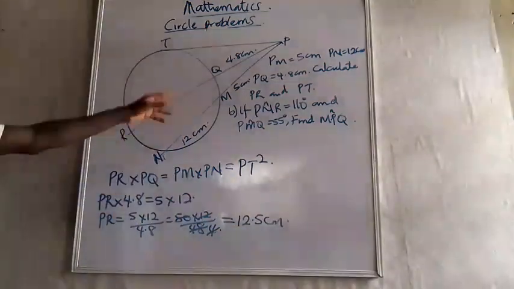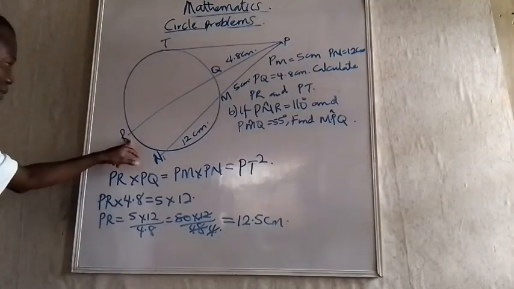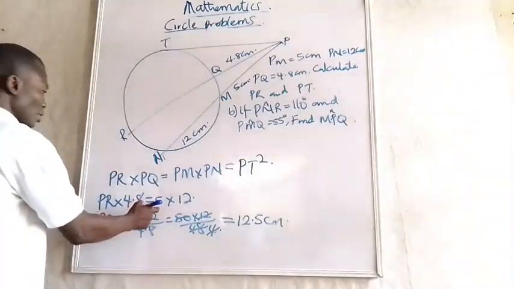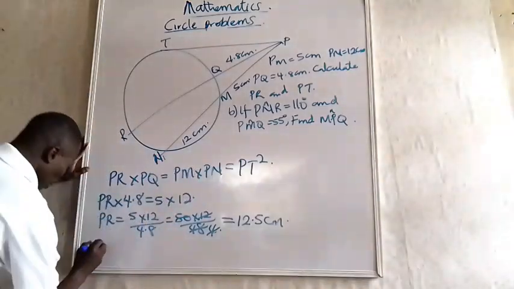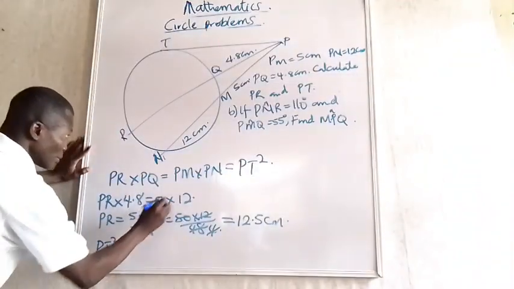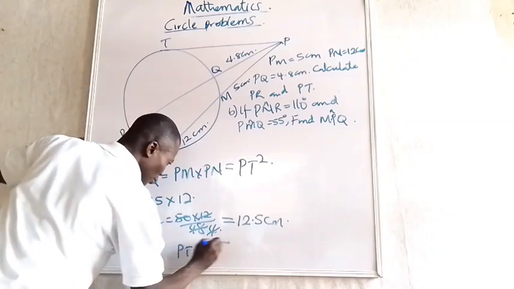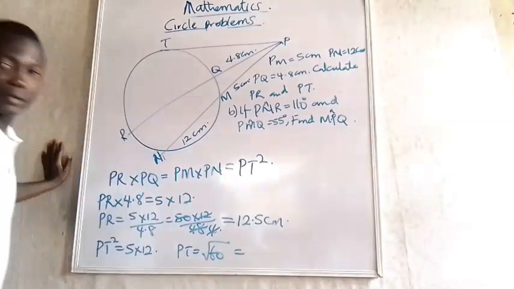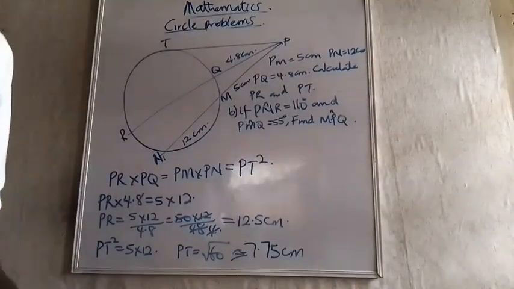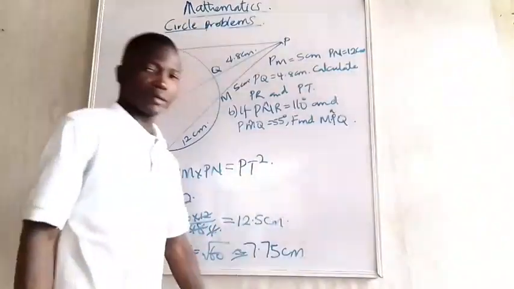That is PR. So PR is 12.5 centimeter. Now let's find PT. PT squared will also be equal to 5 times 12. So PT will be equal to square root of 60, and that is approximately 7.75 centimeters.